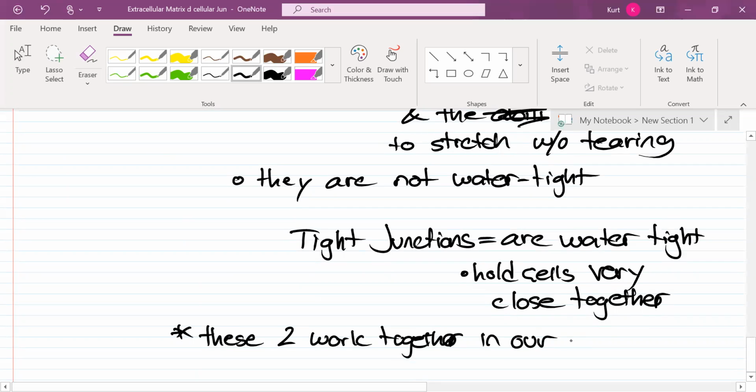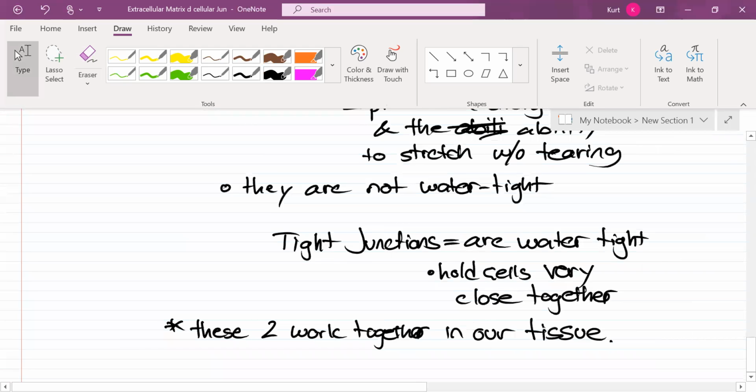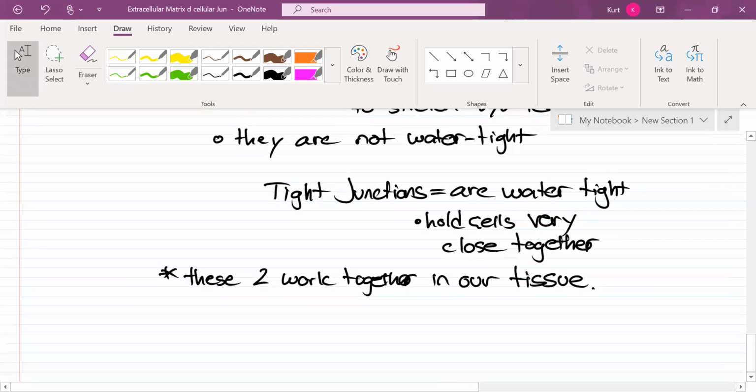And not just our tissue, but most animals. Definitely mammals. And I will draw these in about 2 minutes. I'm going to draw this all because I know that a lot of you are visual learners, and a picture speaks 1,000 words, way more than words do.